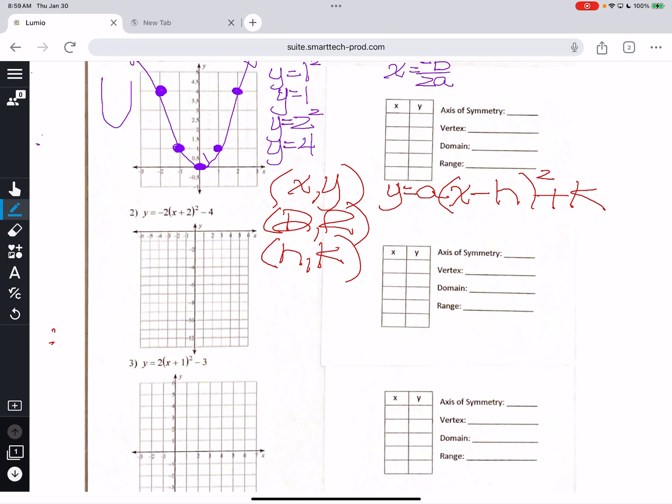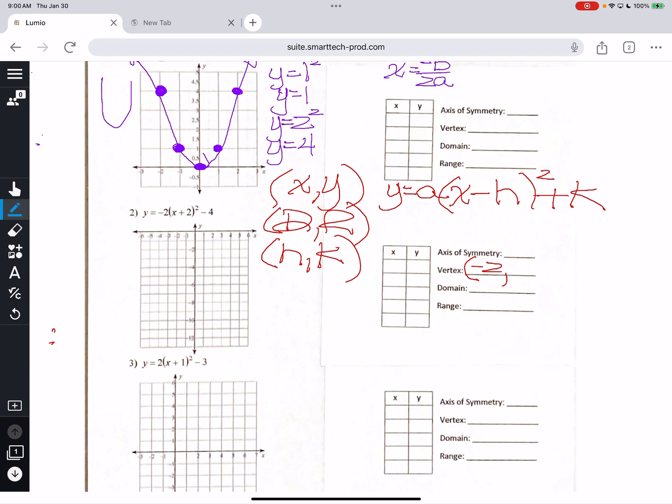So, what is the vertex for number 2? -2, -4. Perfect. Look how easy that was. -2, because it's opposite. In our equation, it's a positive 2. So, opposite that, -2. The K is that last number hanging out by its lonesome, and you keep its sign. If it's negative, it is negative. If it's positive, it stays positive.